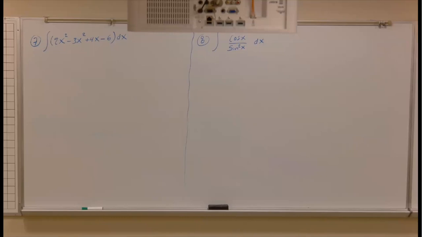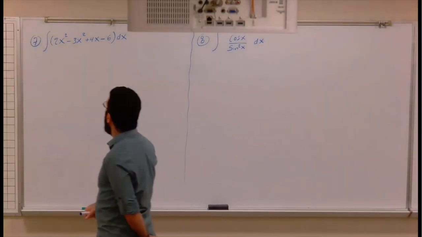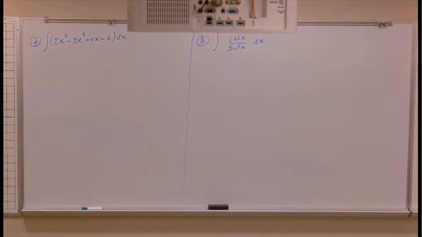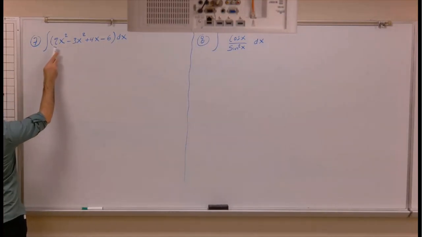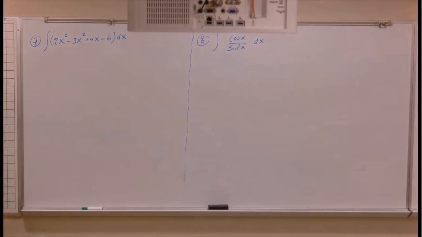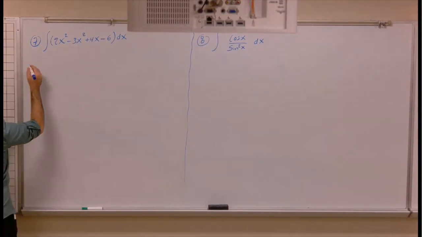So let's check these 2 examples. Find the integral of this one. You're going to say, okay, how am I going to solve this one? It's the same thing as the previous one. You're going to find the integral for the first one, the second one, the third one, and the fourth one. And the last thing, you're going to add the constant c. So this one is going to be the same thing.